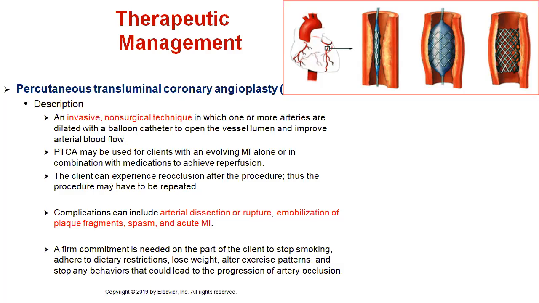Keep in mind, after coronary angioplasty, one of the techniques called percutaneous transluminal coronary angioplasty is one of the types. After the procedure, take the vital signs every 15 minutes in the first 4 hours, then every 30 minutes for the next 2 hours, then every hour for the next 4 hours.